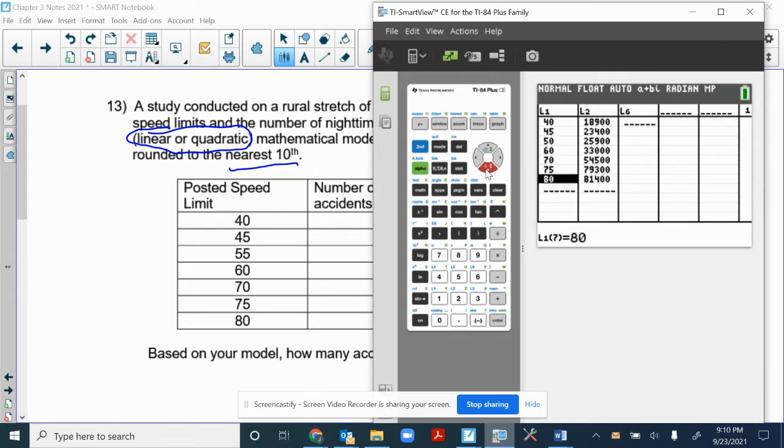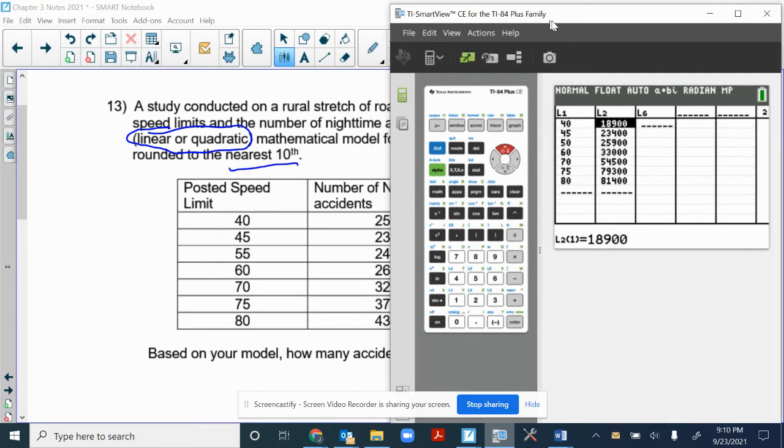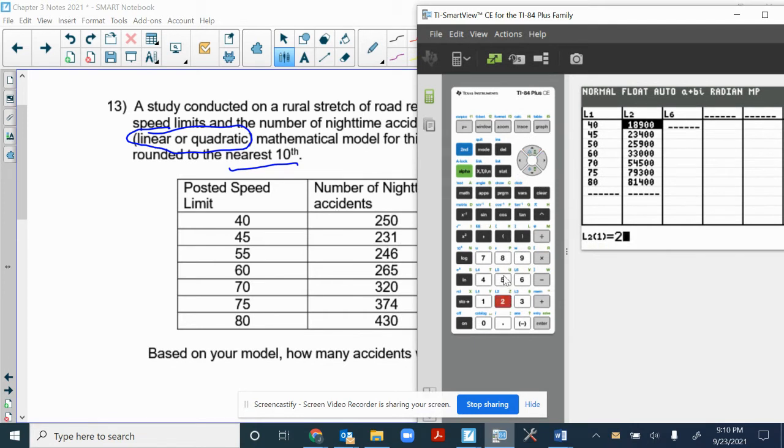If you have any extras, just hit the delete key to get rid of any you don't want. Then let me put the Y values in. So 250, enter. 231, enter. 246, enter. 265, enter. 320, enter. 374, and 430.